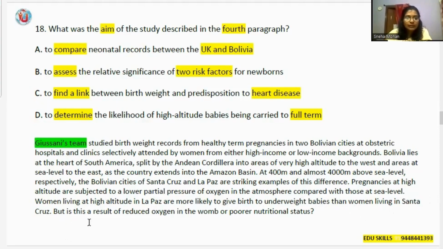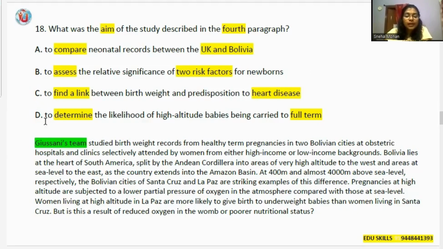But is this a result of reduced oxygen in the womb or poorer nutritional status? So now we have finished reading the text. Let us read the answer options. Answer option A, to compare neonatal records between the UK and Bolivia. So the keywords are compare and UK and Bolivia.